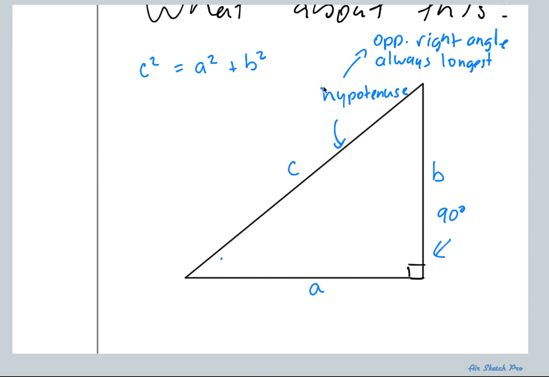Now, let me label one of the angles here. It's theta. What can you tell me about the missing angle? Tara? Close. See? Sorry, Tara?